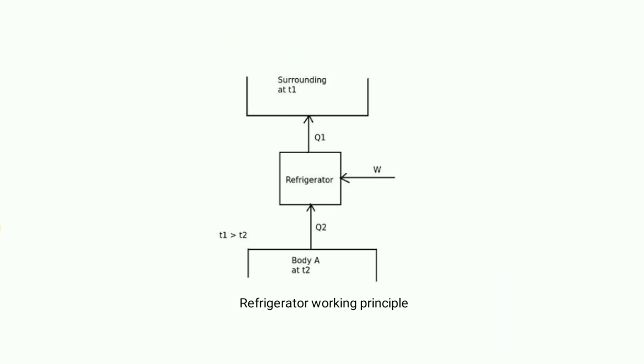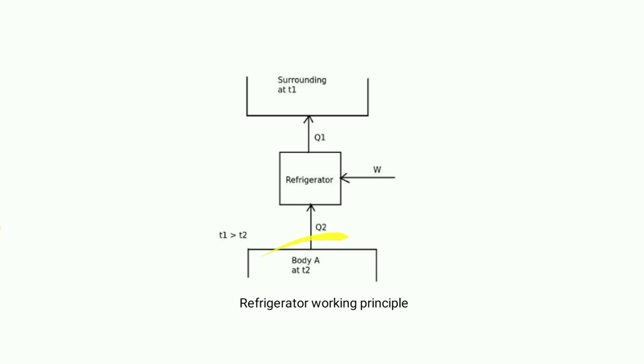beneficial? Before that, I will try to explain how this system works. Suppose this is your refrigerator, and for the refrigerator to run, we have to provide external work, that is the input work, so that the refrigerant will flow.